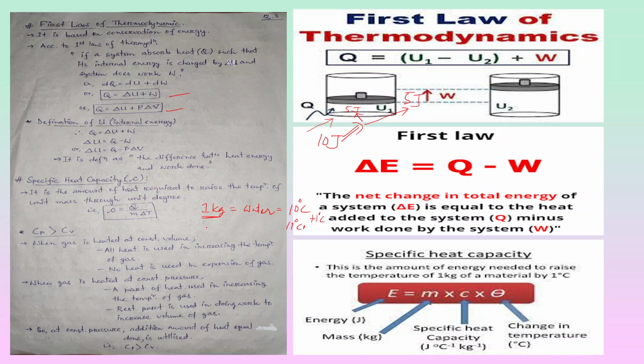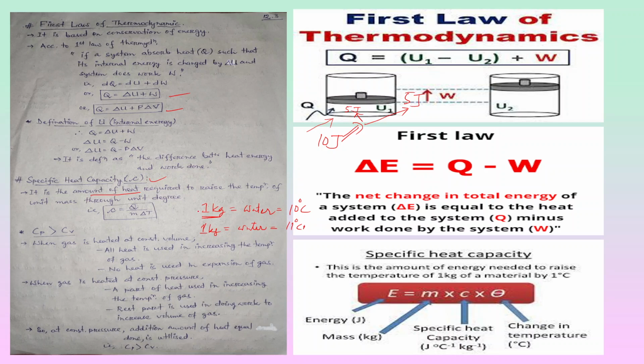And their mass is unit. The same unit, 1 kg of water, when its temperature is increased from 10 to 11, now it requires some heat. Now that amount of heat is our what? Specific heat capacity. That is represented by small c. That means specific heat capacity is the amount of heat required to raise the temperature of unit mass through unit degree.